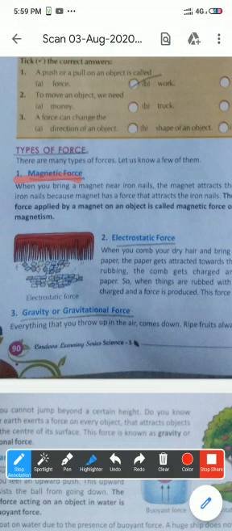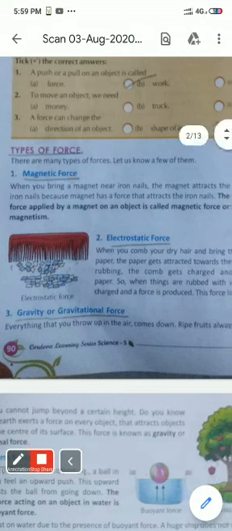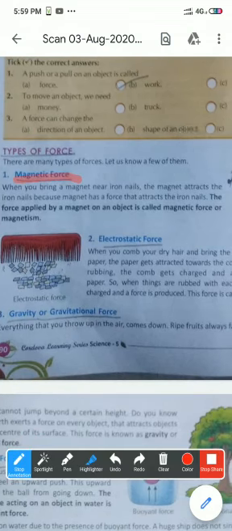Here, the force which is being applied by that pull is called magnetic force. So, what will be its definition? Its definition will be the force applied by a magnet on an object is called magnetic force, or we call this phenomenon as magnetism.